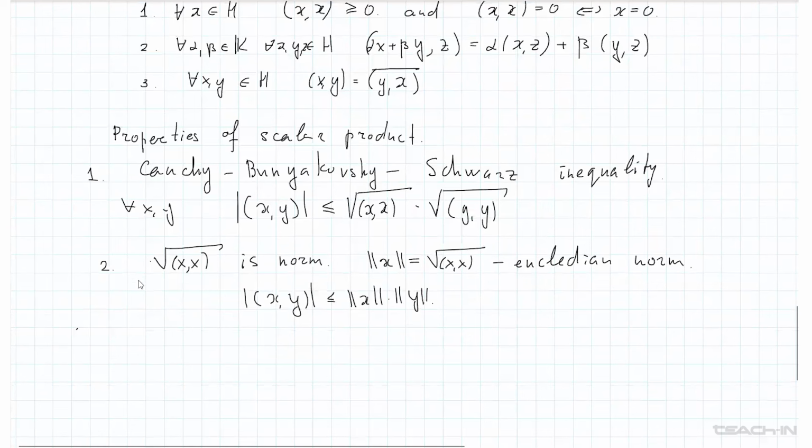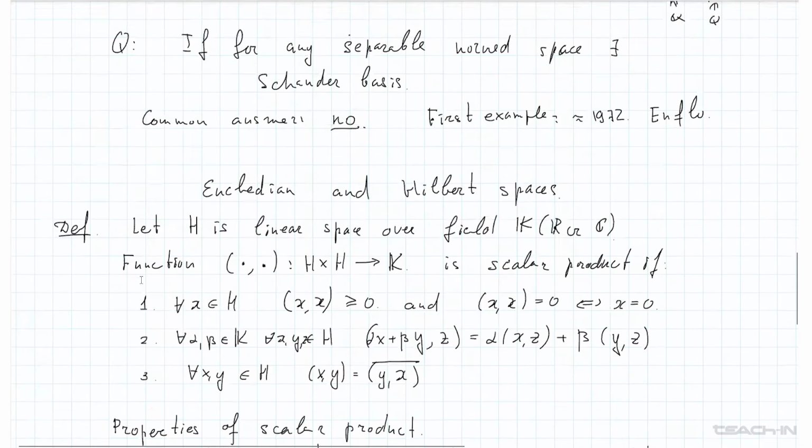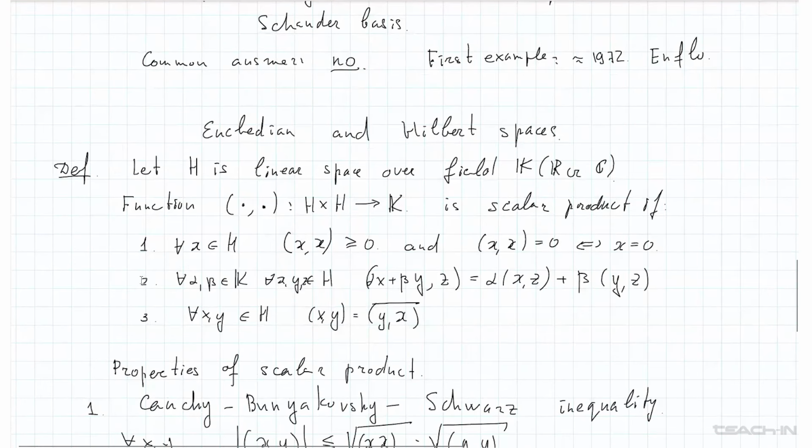So the definition: what is a Hilbert space? A linear space H with a scalar product is a Euclidean space.